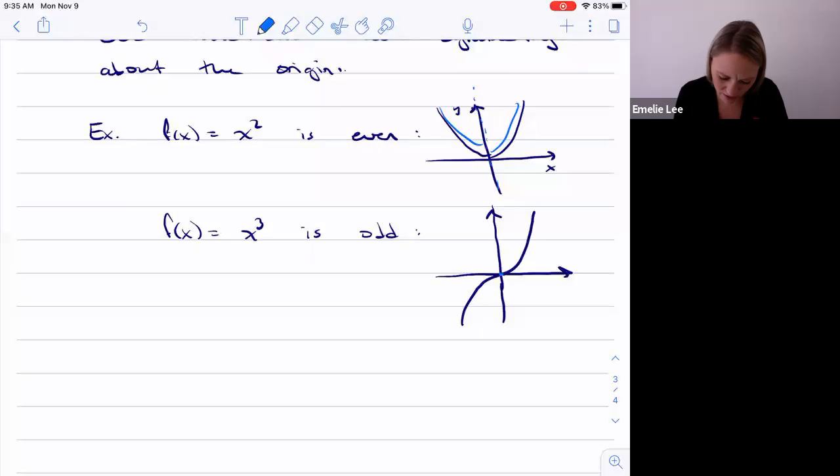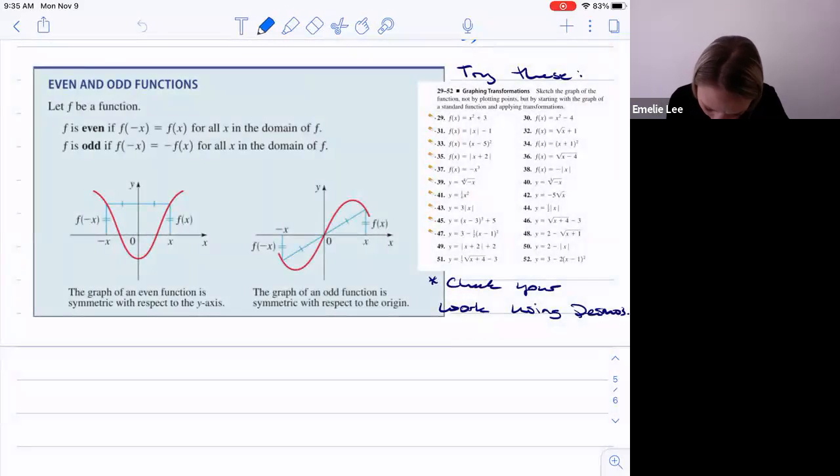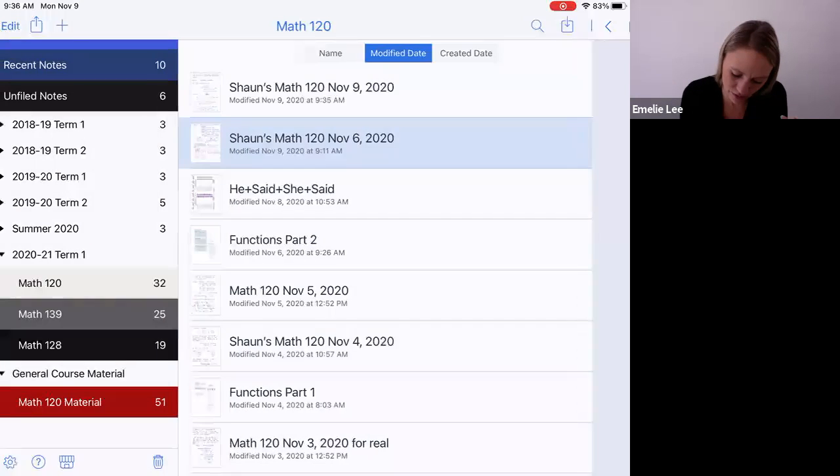It's really weird to think about. Here, I'll show you on this one here, right? And so it kind of swings this thing around on the origin, right? And so it looks weird, right? And that's why I prefer to use just the algebraic way of proving if things are even or odd.